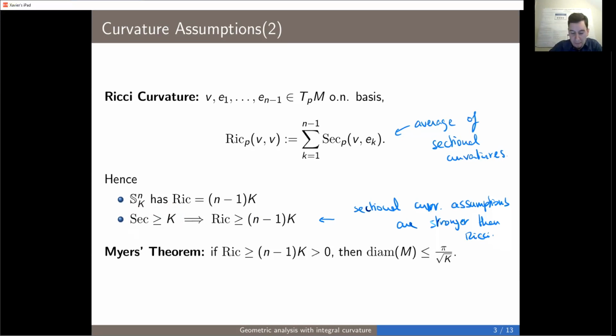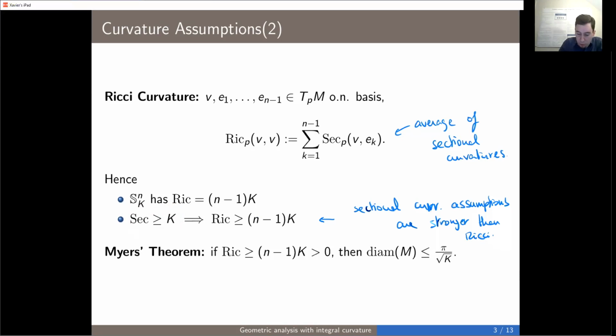Okay, the opposite implication is not true, right? Just think about it in terms of averages, right? For example, if you have an average of a few numbers and the average is positive, that doesn't mean that each number was positive, right? So this is what's going on here.